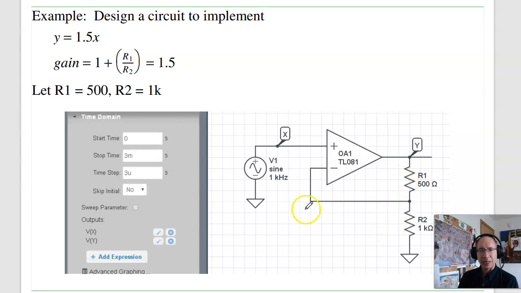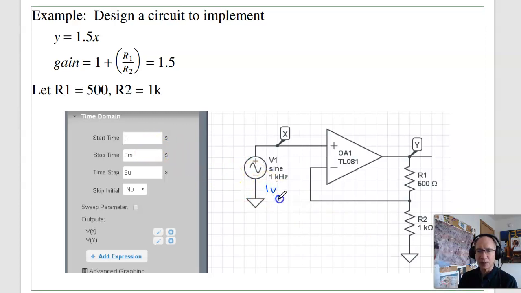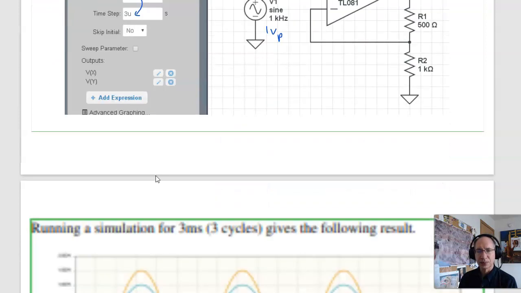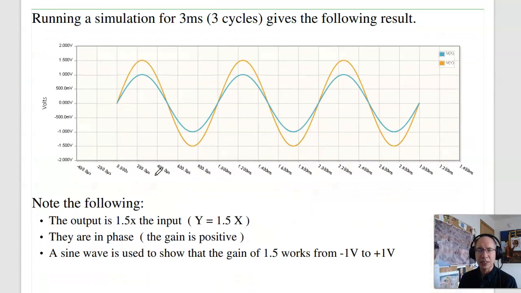In Circuit Lab, I can simulate that. Let's run it between 0 and 3 milliseconds with a 1 kHz sine wave. This is a 1 volt peak sine wave in Circuit Lab. Run it for 3 cycles, make the time step 1,000 times smaller, gives you 1,000 points on the plot, and let's look at X and Y. If you do that, here's what it looks like.